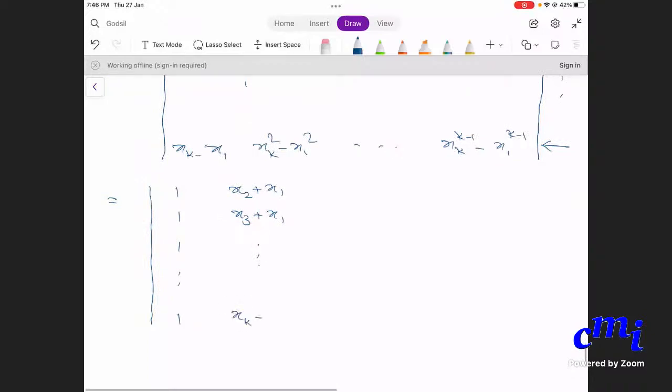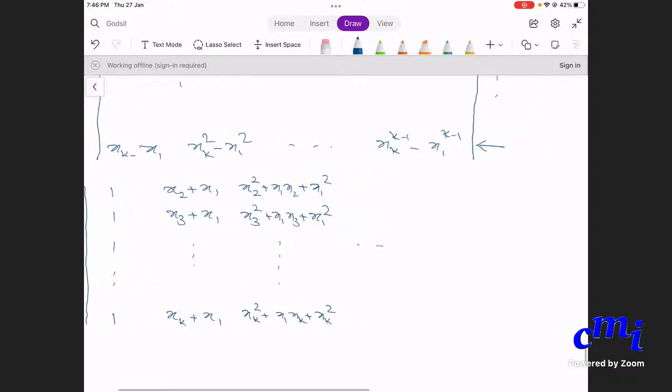Then here you will get x2 squared plus x1 x2 plus x1 squared, x3 squared plus x1 x3 plus x1 squared, so on up to xk squared plus x1 xk plus x1 squared, and so on and so forth until the last term.